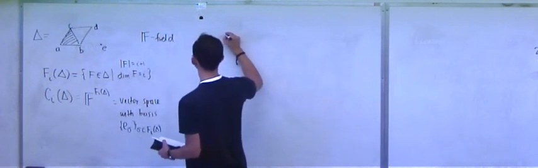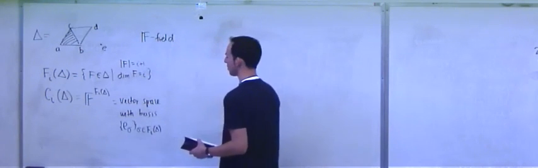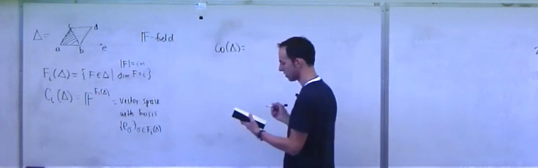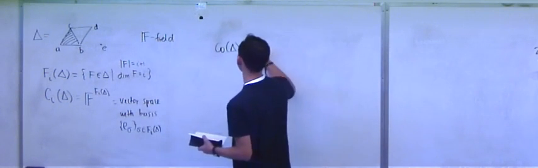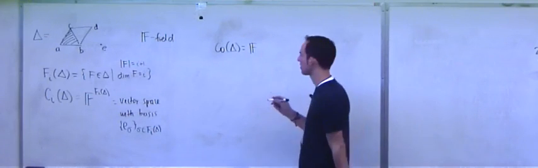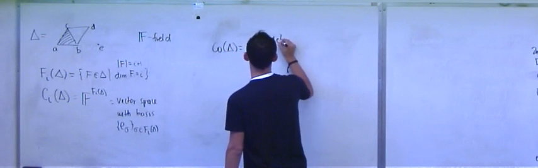Okay. So in this example, what do I have here? For example, what's C_0 of delta? Well, these are the zero faces. The faces of dimension 0 are the vertices. So I list the vertices like this. Okay?